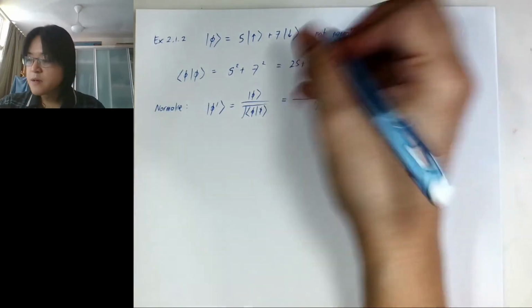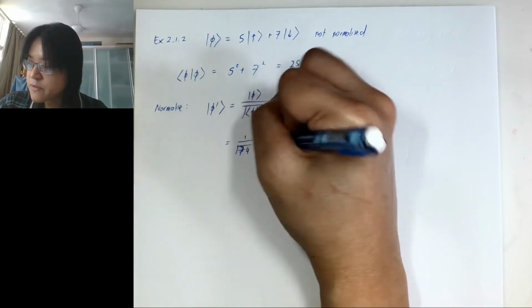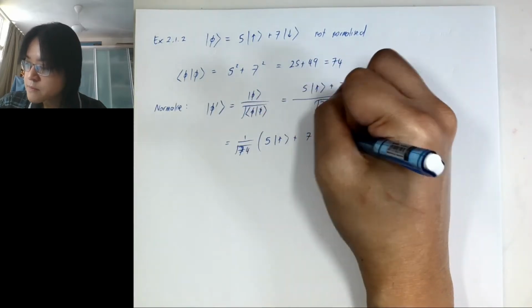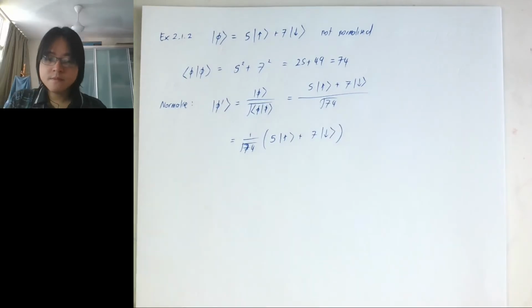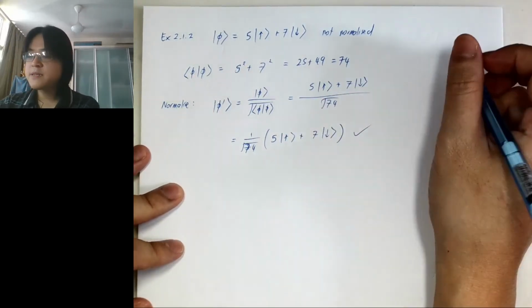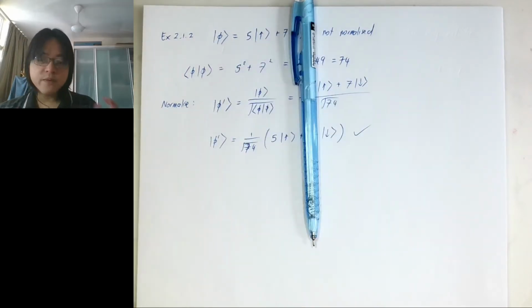So it looks like this: 1 over square root of 74 times 5 up plus 7 down. Okay, so this is the normalized state. Once you normalize, only then can you calculate the probability.